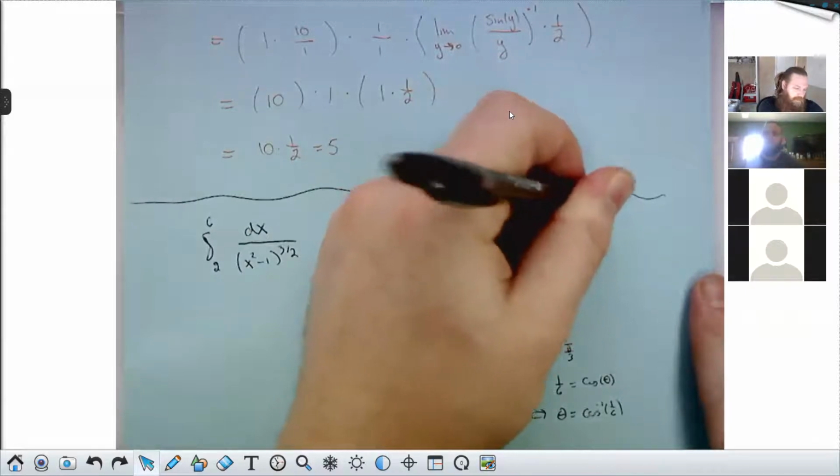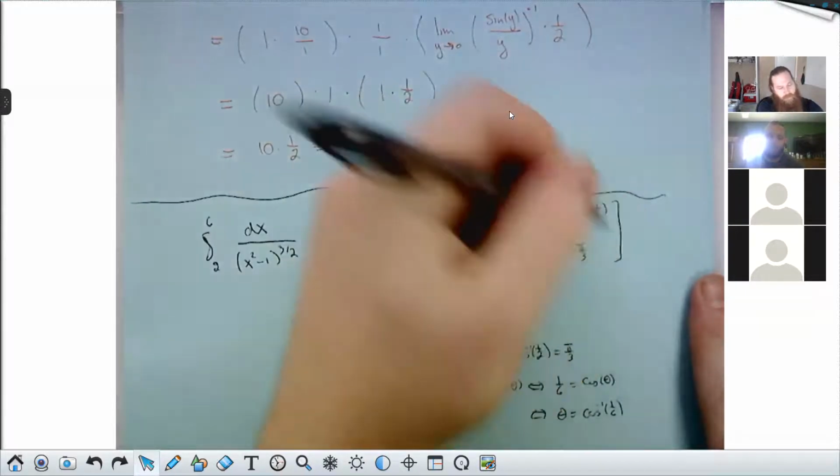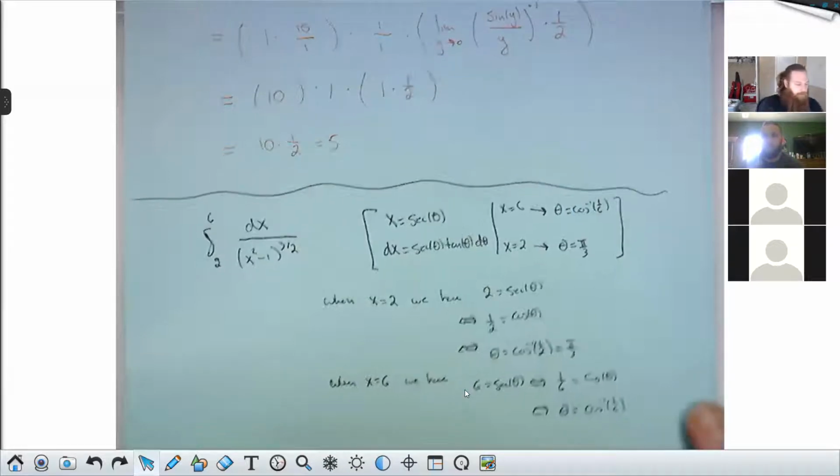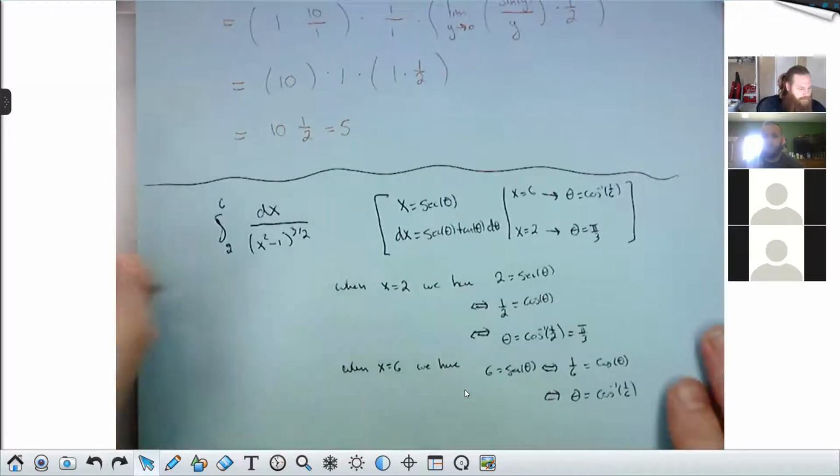Because there isn't a known value for that, yeah? I mean, there is, but it's not one that we know from the unit circle. Like, it's not one that we would have memorized. So certainly this number exists, but it's hard to calculate, and it's not one that you would know off the top of your head. So we'd just leave it as the inverse cos of 1/6. Or if you wanted to leave it as the inverse secant of 6, that would be okay too. That's pretty disgusting. It is, yeah. Sometimes life is just like this.